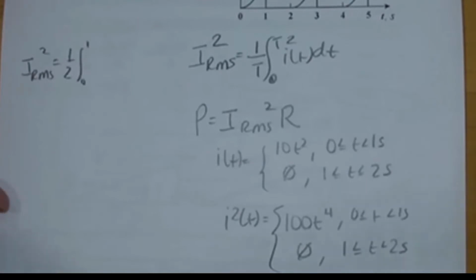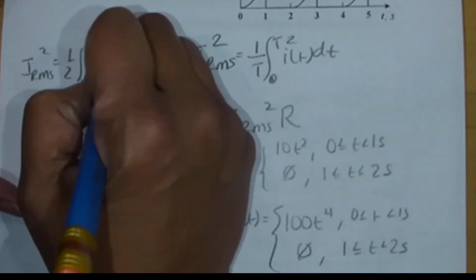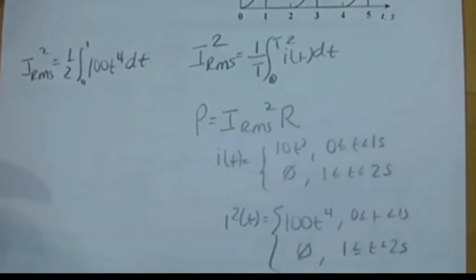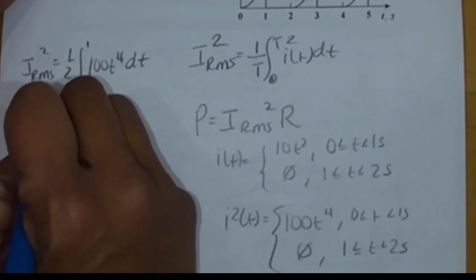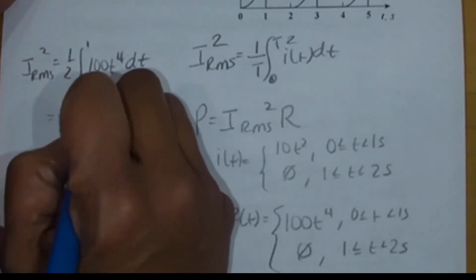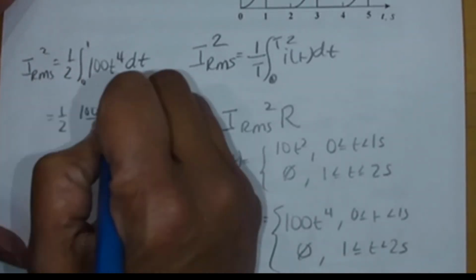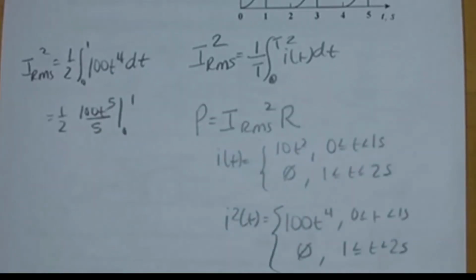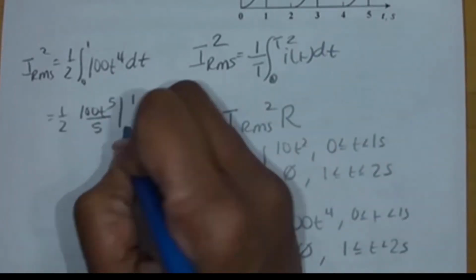So it's going to be the integral from 0 to 1, 100 t to the fourth dt. So this is 1/2, 100 t to the fifth over 5, evaluated from 0 to 1.